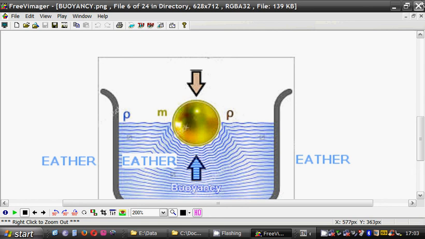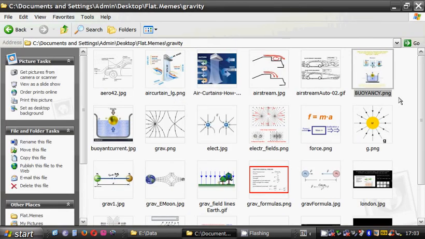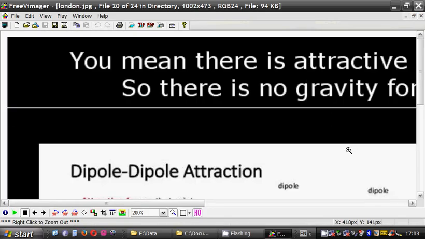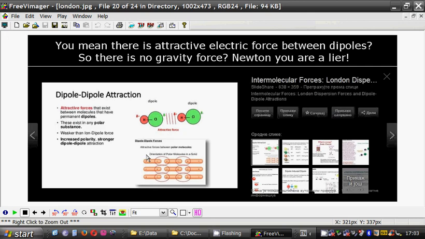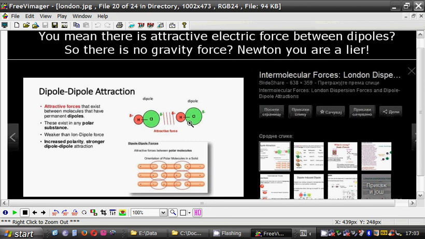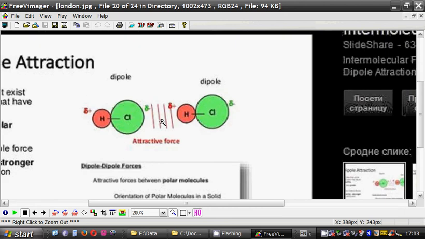And let me demonstrate this with another example. In chemistry we have the London force, a weak electric force between two molecules, and the atoms in these molecules arrange themselves to have positive and negative charged regions, and they attract each other.